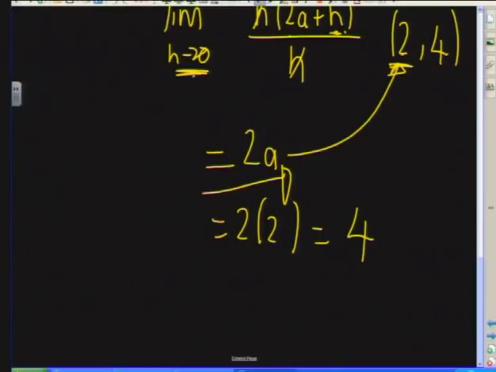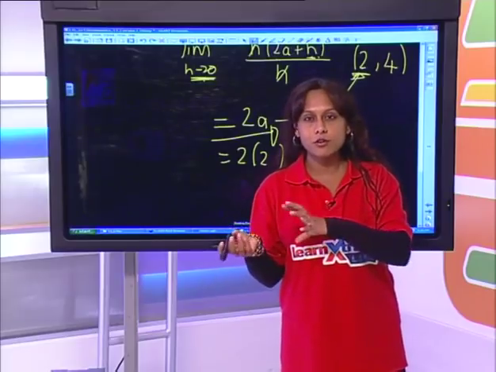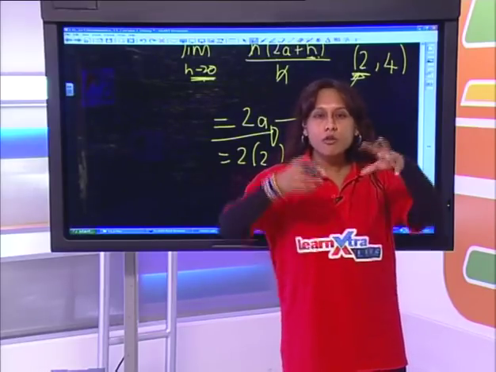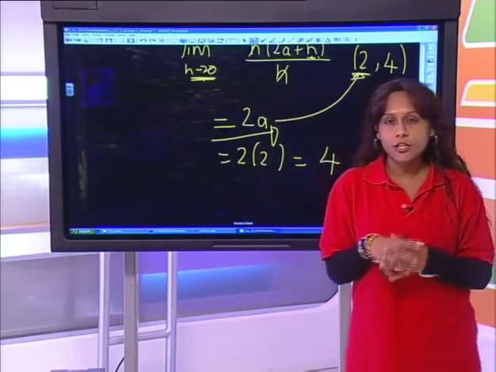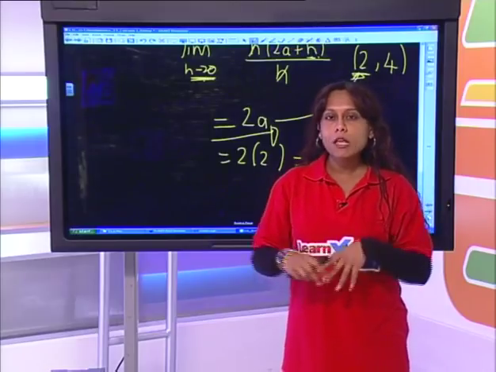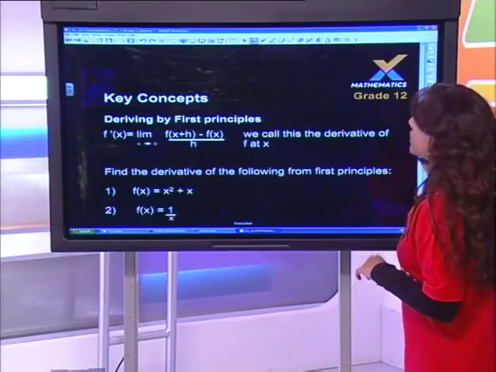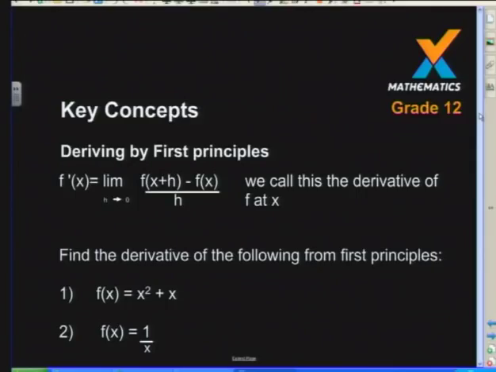So you could do it this way, where you find a general term for the gradient at any point on the curve and then substitute the point you're looking for, or you could have put the point in right from the beginning. It's completely fine whichever way you choose to do it. So continuing now with this concept of finding the gradient at a point in a curve, we're going to look at deriving by first principles.